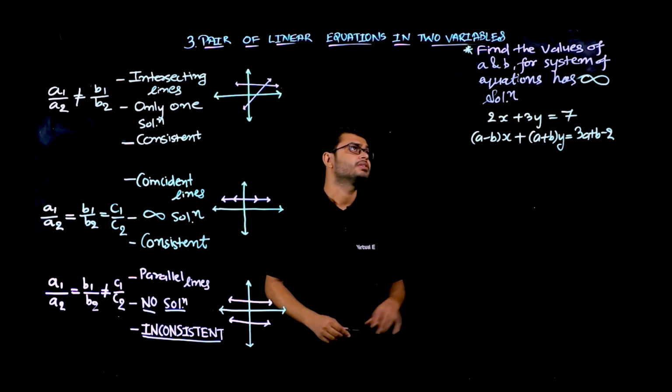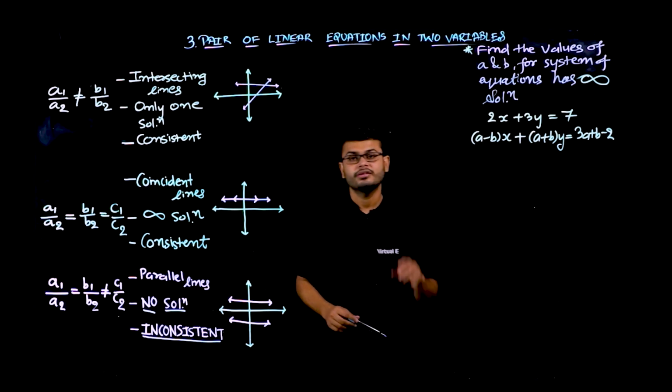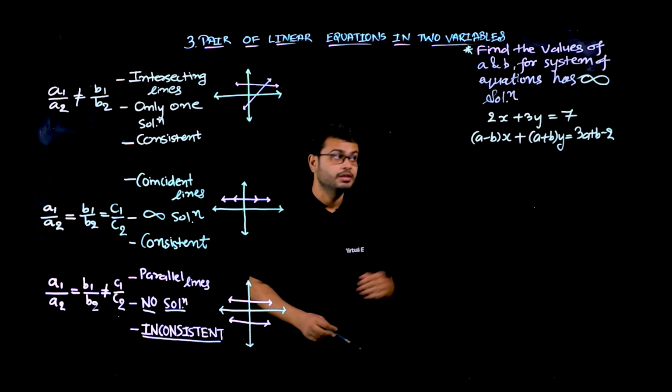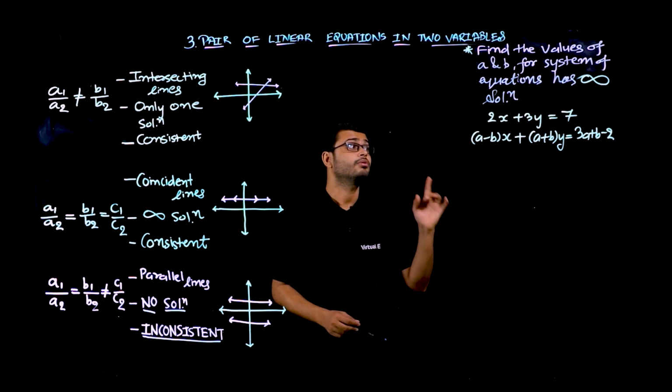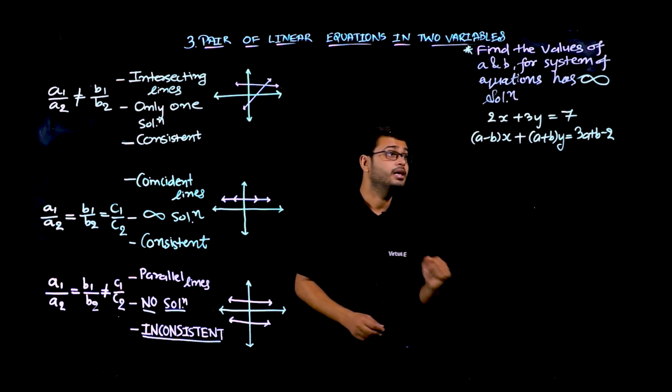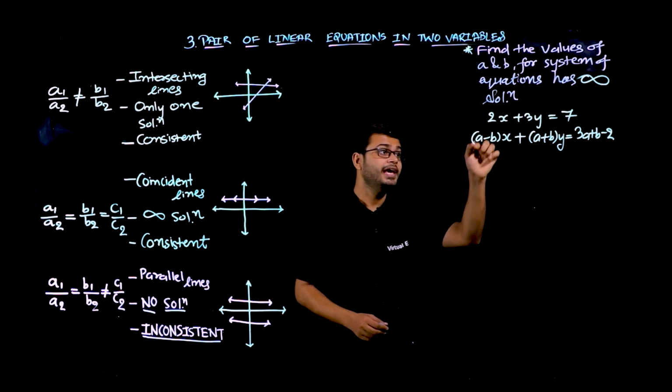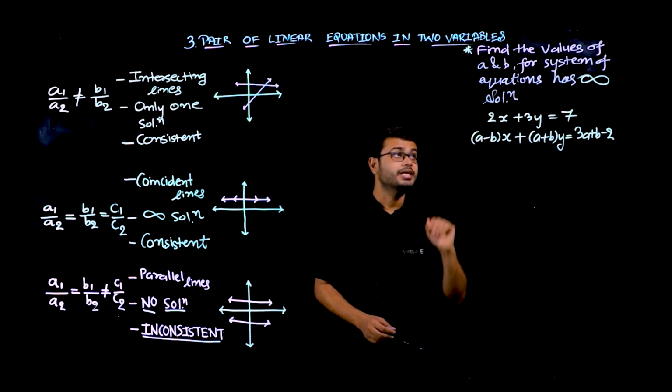So let's discuss one more case where we are going to find the unknowns when category is given. Previously, we found only one unknown, which was k. Here, we are going to find two unknowns, a and b. And which is the category?